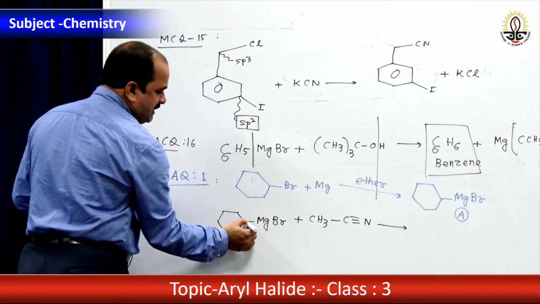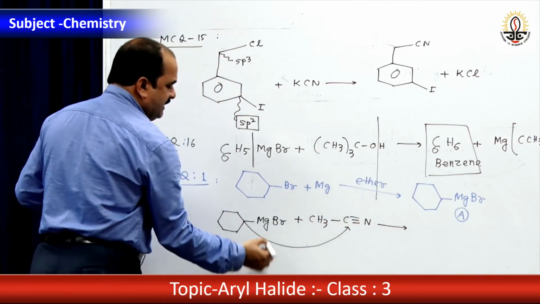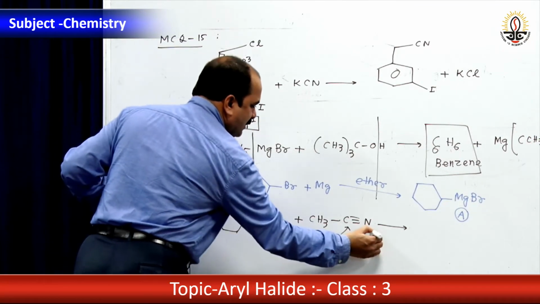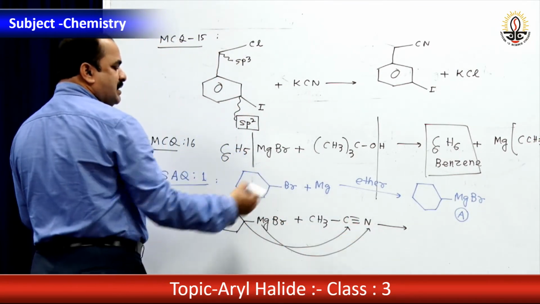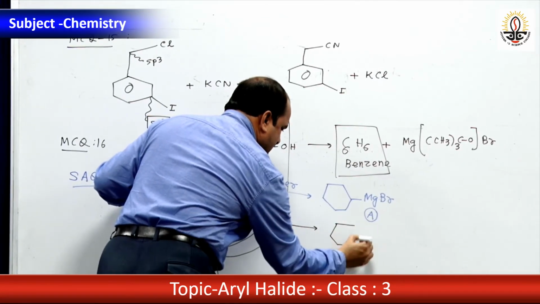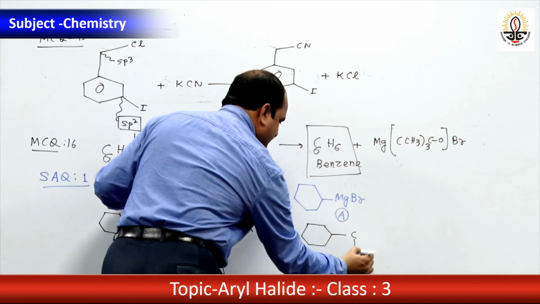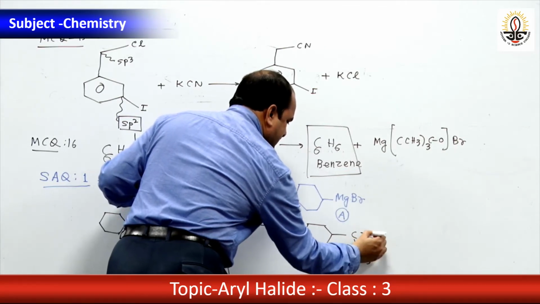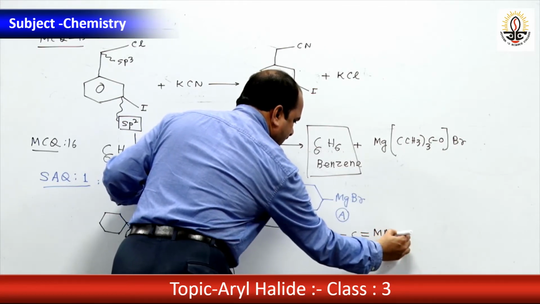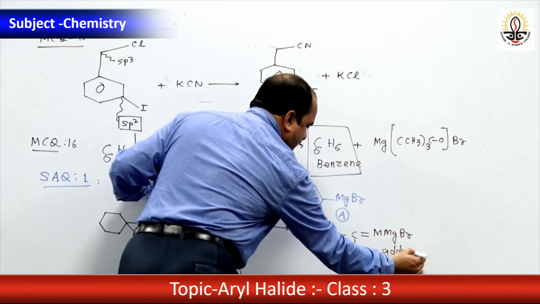The reaction takes place at this carbon because the triple bonded carbon is very active. MgBr comes to nitrogen and the triple bond is converted to a double bond. So the adduct is C double bond N MgBr. This is an adduct, an addition product.